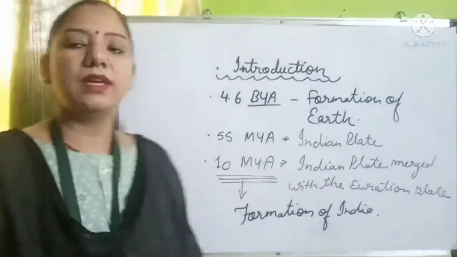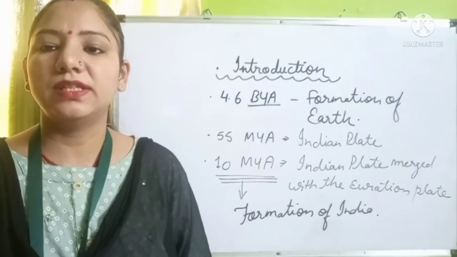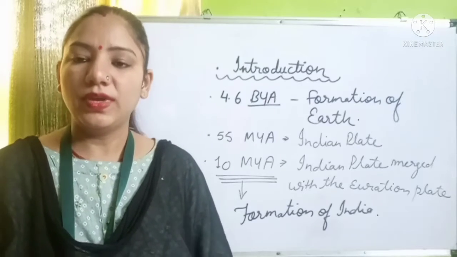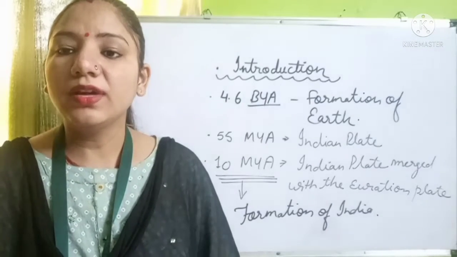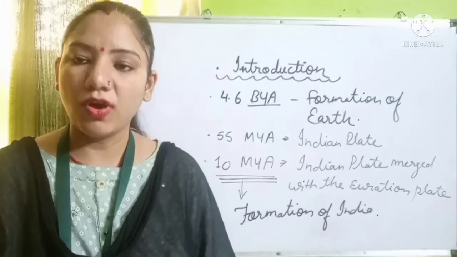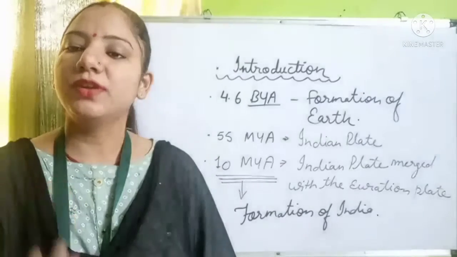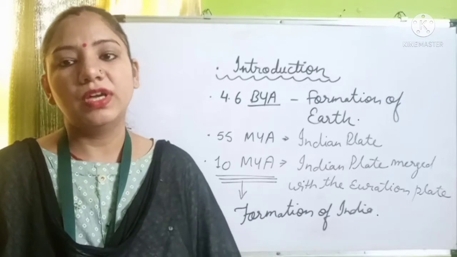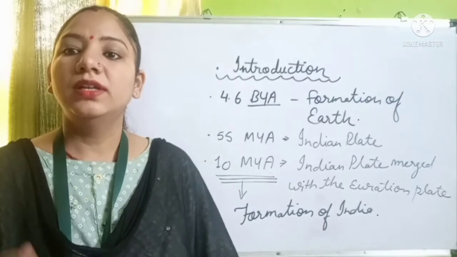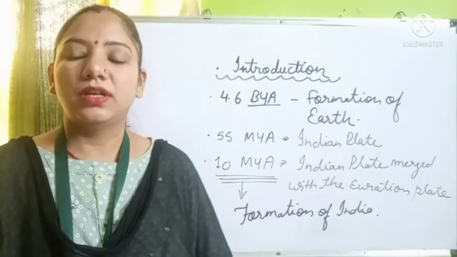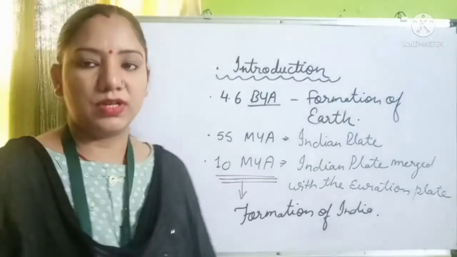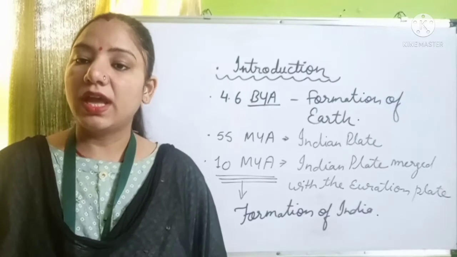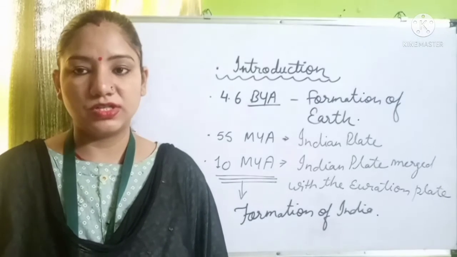So we can say around 10 million years ago our country was formed, where the Gondwana land was formed after volcanic eruption, and it was formed with igneous rocks, and due to that the peninsular part of our country, which is also known as the Deccan part, is the ancient part of our country.